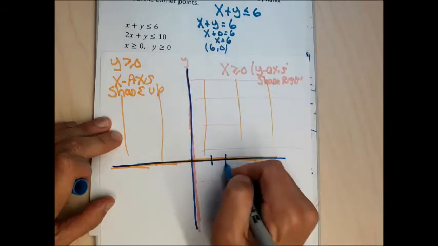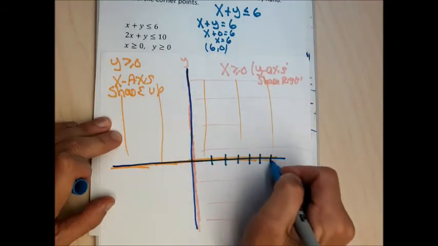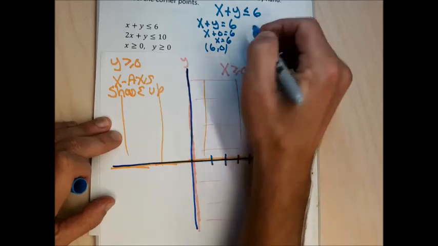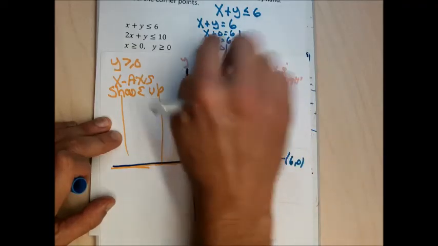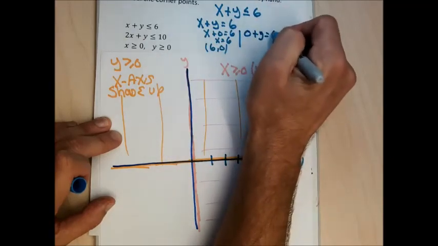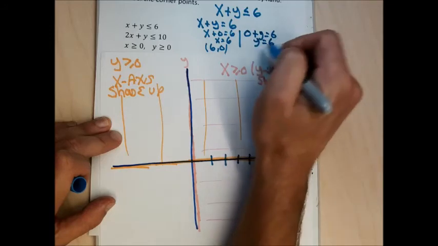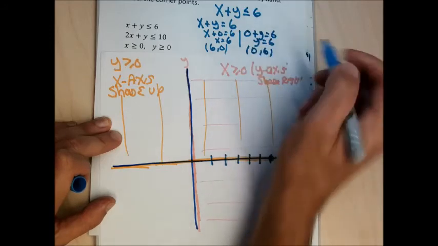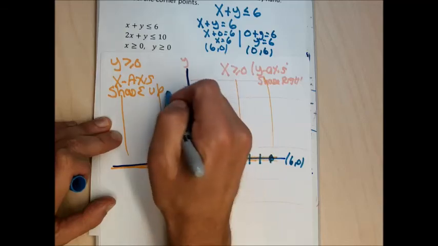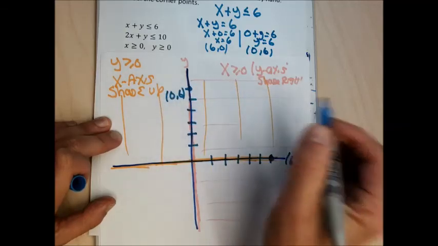So 1, 2, 3, 4, 5, 6, 0. And then I'll plug in 0 for x and solve for y, and get y equal to 6. That's going to be the point 0, 6. I'm going to graph that line.